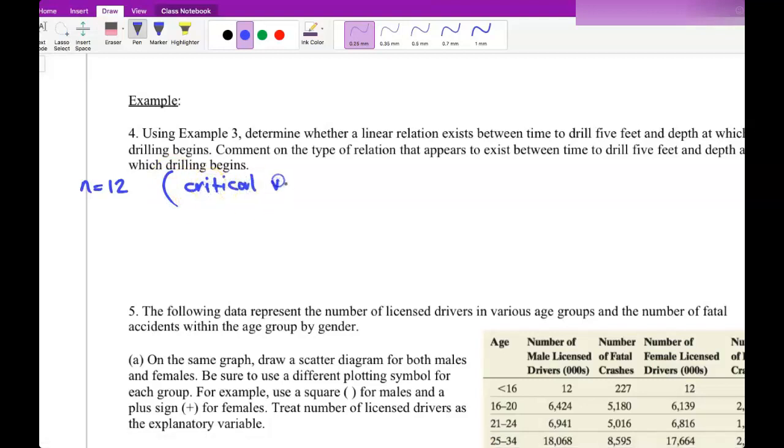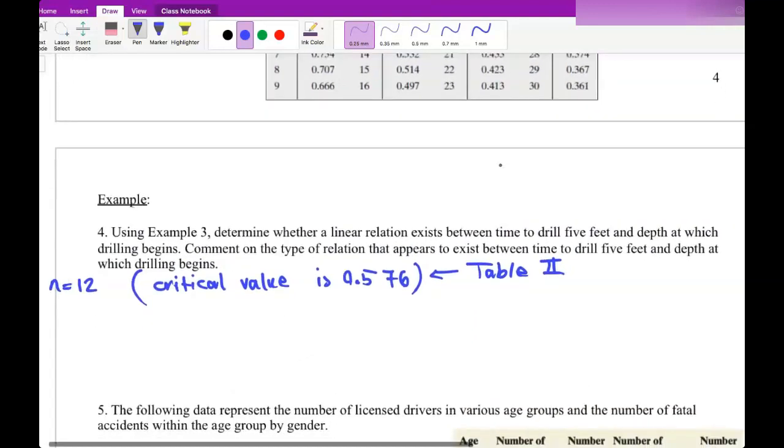So the critical value is 0.576, and this was from the table on the previous page, because this is page number 4.